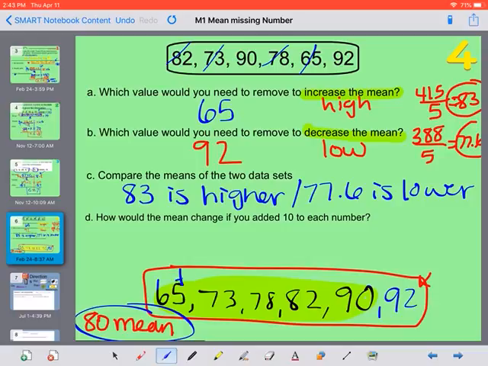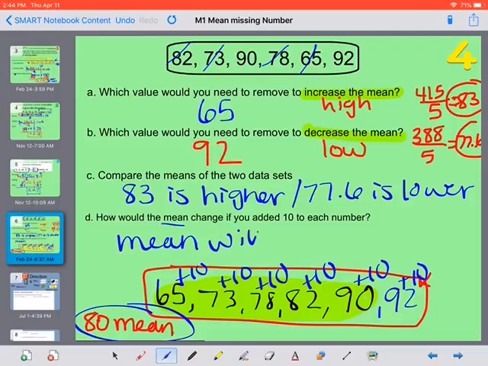Well, if we added 10 to each of these numbers, all the numbers are the same except they're 10 higher. So our average, or our mean, is also going to be 10 higher. So instead of a mean of 80, we'd have a mean of 90. And if you don't believe me, you could add those all up and divide by 6.